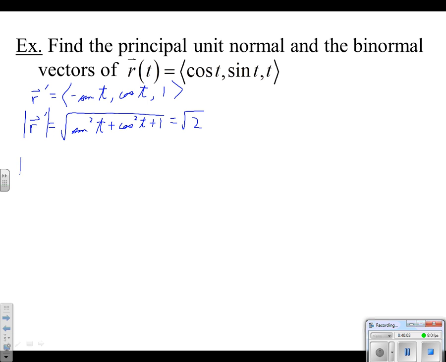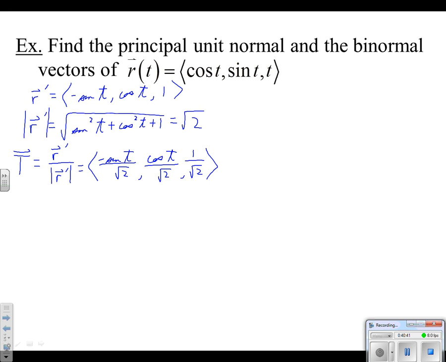And so T is r prime divided by its magnitude. So basically, take each component of r prime and divide by radical 2. So it'd be negative sine t over radical 2, cosine t over radical 2, and 1 over radical 2. Okay, so there is T.